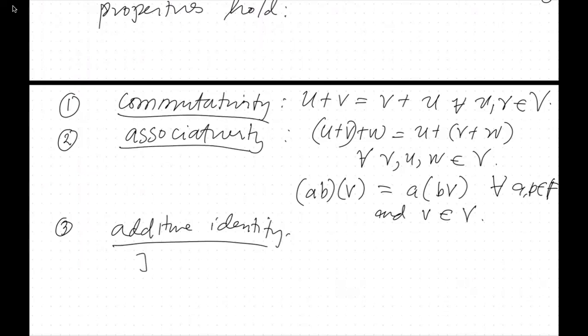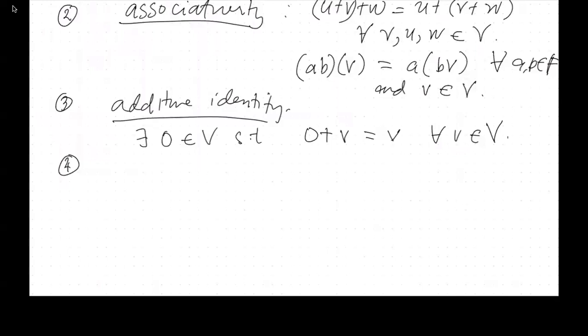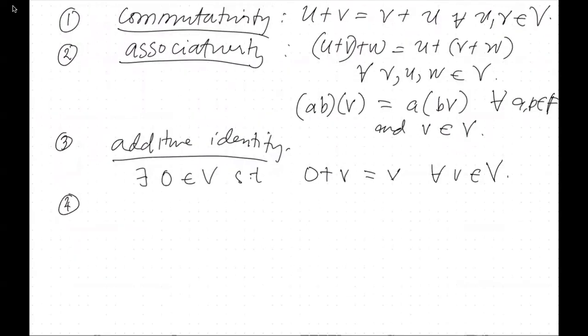So there is an element 0 in V such that 0 plus v is equal to v for all v in V. And number 4 is additive inverse.